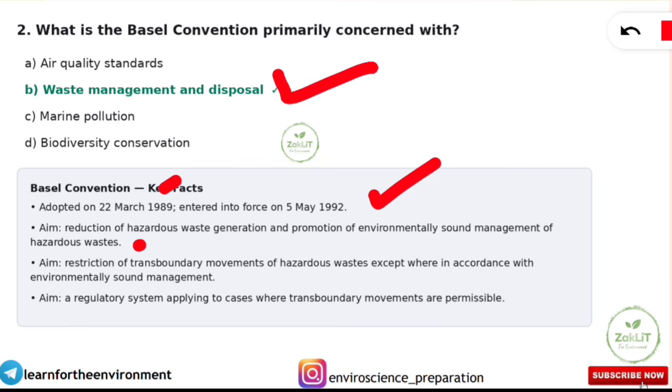Its aim is also to restrict the transboundary movement of hazardous waste from one country to another, except in accordance with environmentally sound management. That restriction should be there as per the rules, and to regulate the system applying to cases where the transboundary movements are permissible. This is regarding the Basel Convention, the brief key facts which we have given.